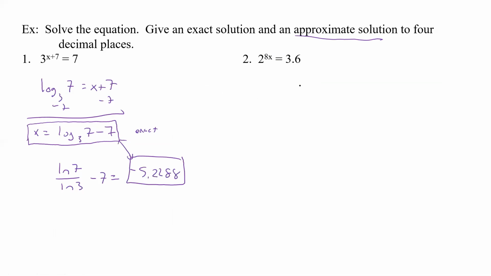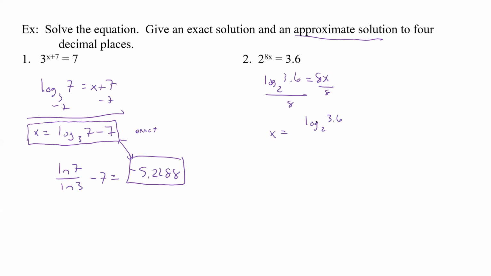So this is our exponent, and so that's the right side. And then we have log base 2 of the value 3.6. Now, we need to solve for x. We have to divide by 8, basically. And so x is equal to log base 2 of 3.6.